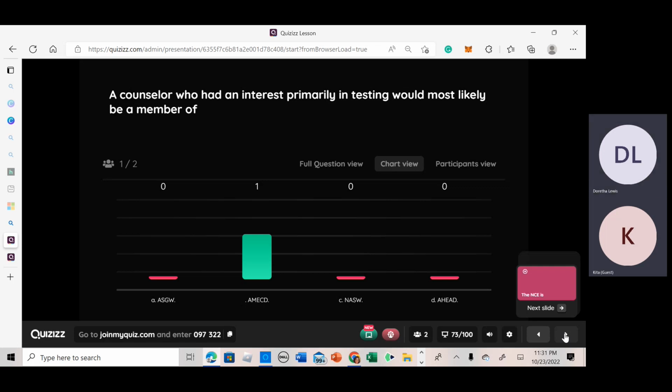Let me look up the AMECD quickly. I'm not seeing that, but I will put a tag on that so we can get more information about that in the next session.